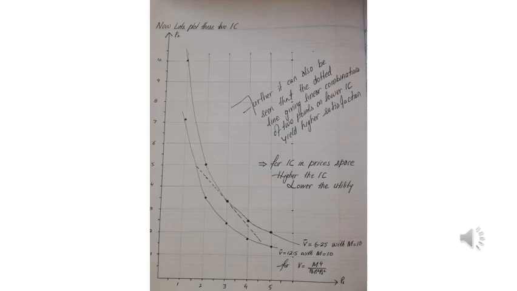By chance, we have one point on the dotted line which is reflecting the higher indifference curve where the utility level is 6.25. So it's very clear from here that the higher the indifference curve is, the lower the level of utility.